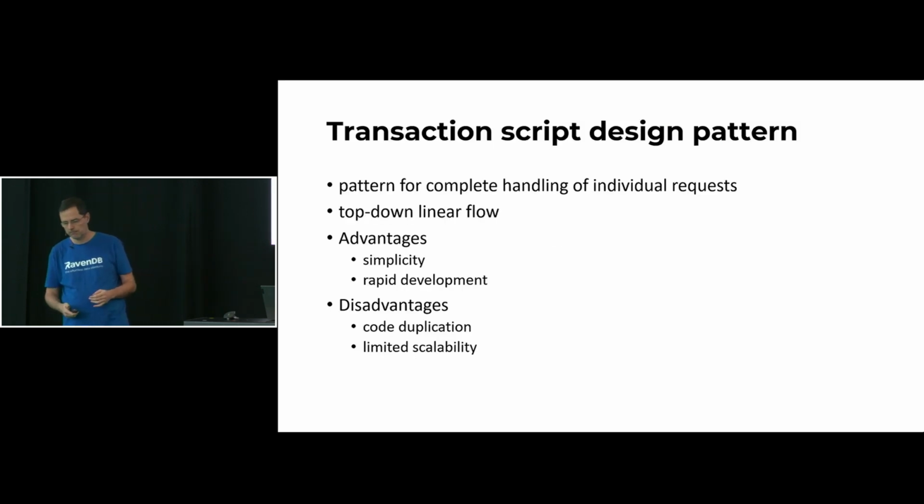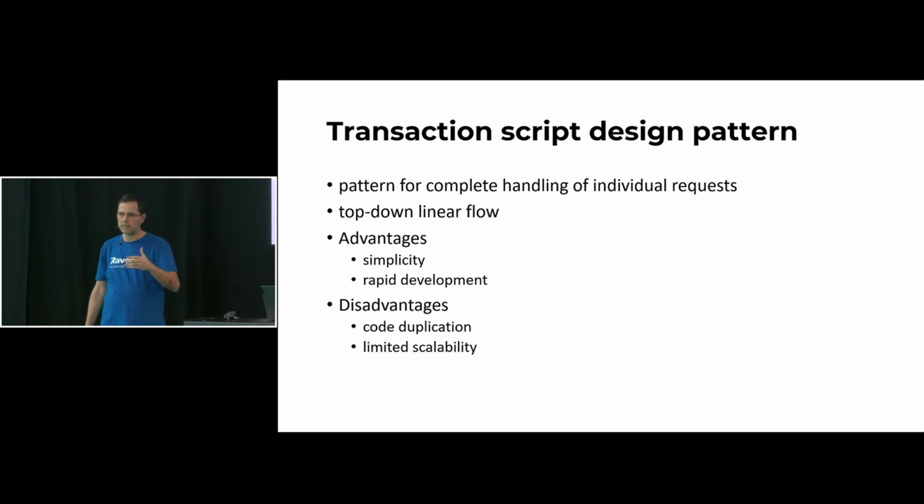And speaking of n-tier layered architecture, as a simple solution, I will also speak about the transaction script design pattern. This is probably the simplest pattern, where, you remember when you specify by words what you want to achieve, when you translate this human language specification into the code, you have a top to bottom linear flow of the execution.